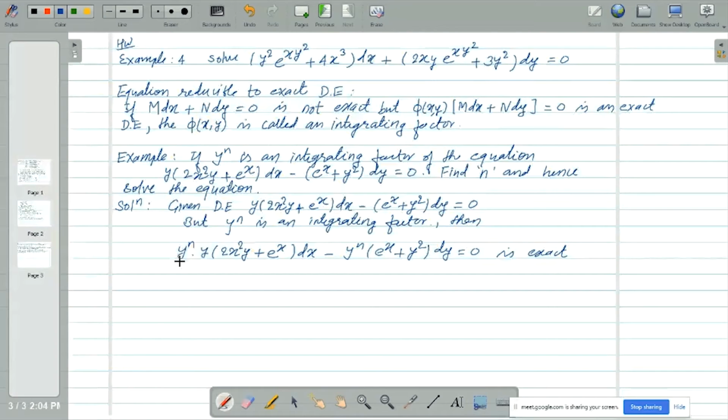This y raised to n is the integrating factor. If I multiply this integrating factor into the given differential equation, then that differential equation becomes exact. Now just simplify it.